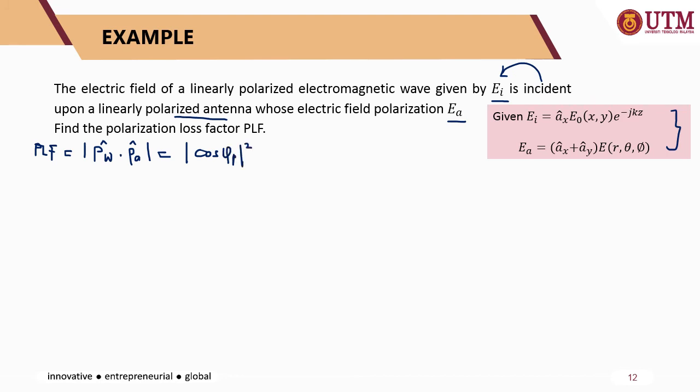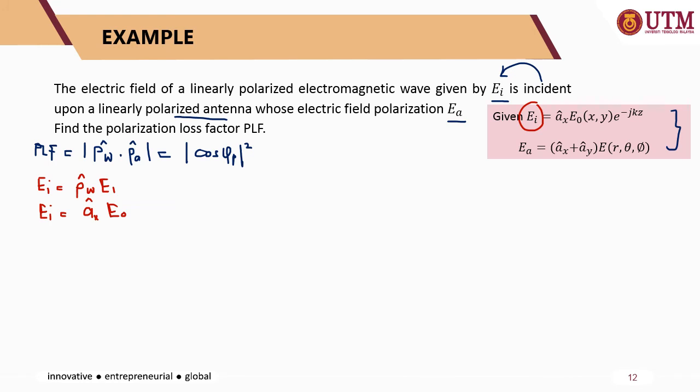Next, compare the general equations of EI and EA with the given equations. The general equation of EI is rho W, the incident wave unit vector, multiplied by EI. Comparing with the given one, EI equals EX E naught.